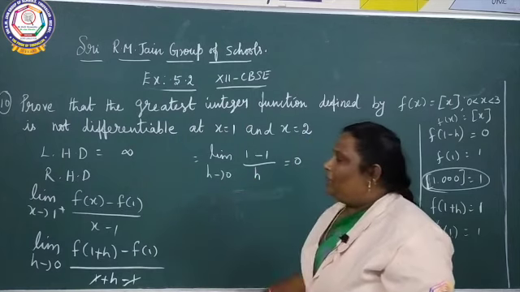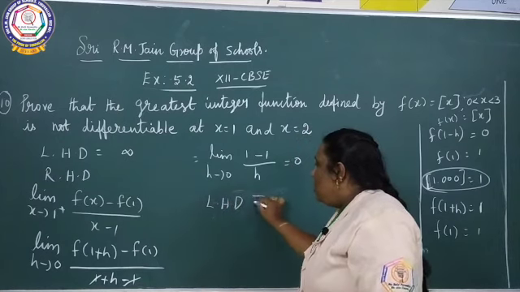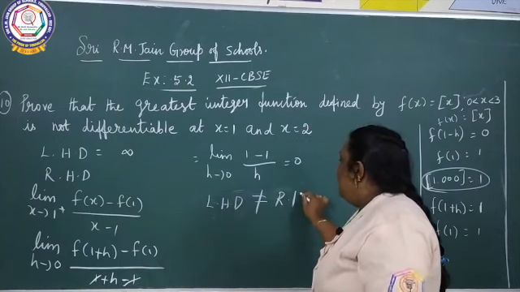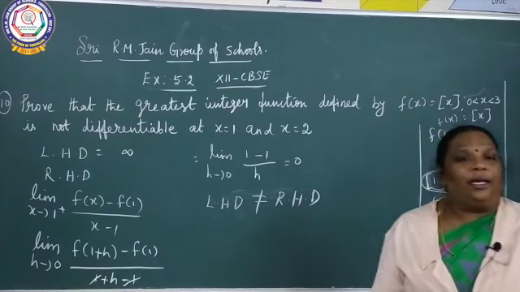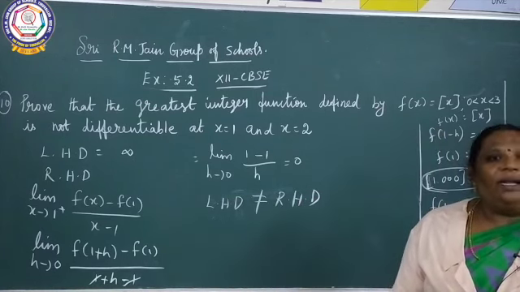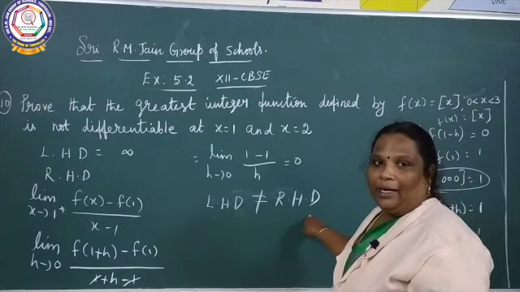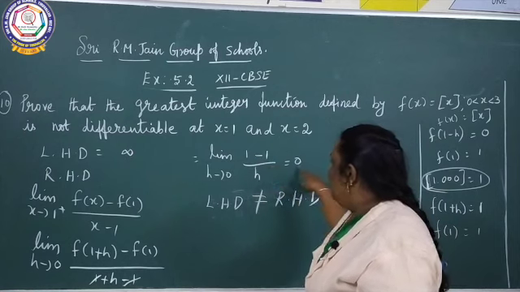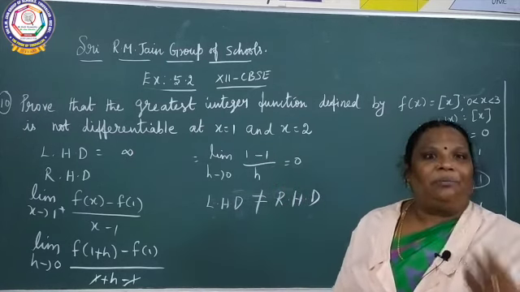So, left hand derivative is not equal to right hand derivative. You don't write 0 by h as 0 by 0 form, that is indeterminate.